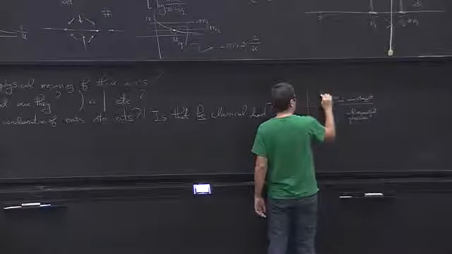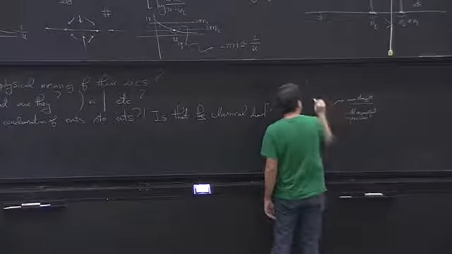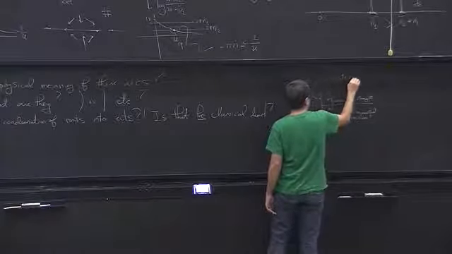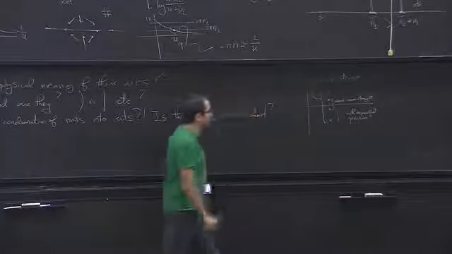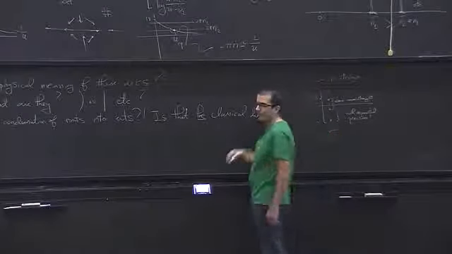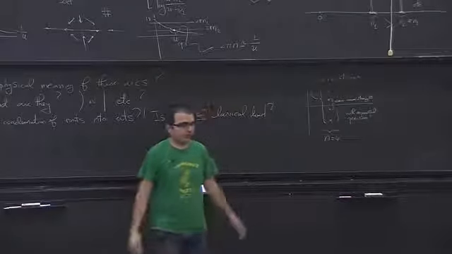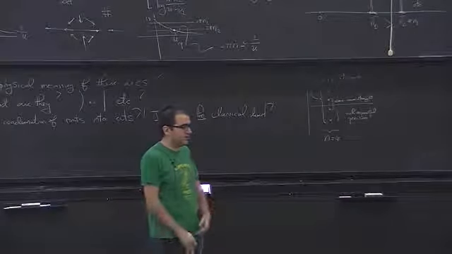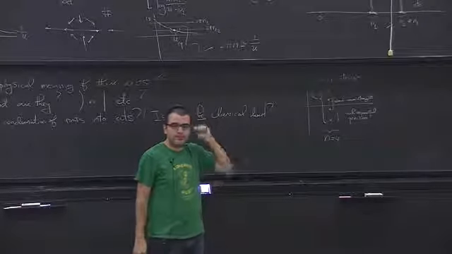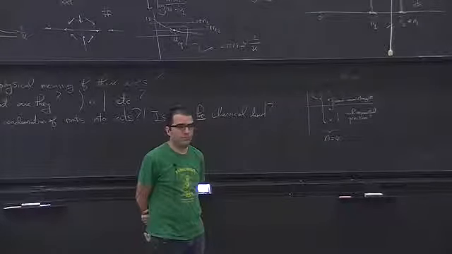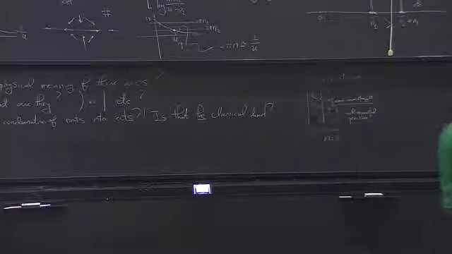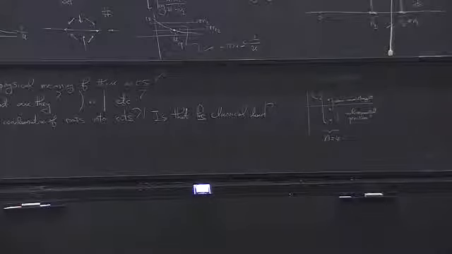So in general, we can have, therefore, these objects which we call n strings. They are strings of Bethe roots. In this case, we have n equals 4. And we could have strings of size 2, strings of size 1, which is no string at all, strings of size 10, whatever we want. Okay?